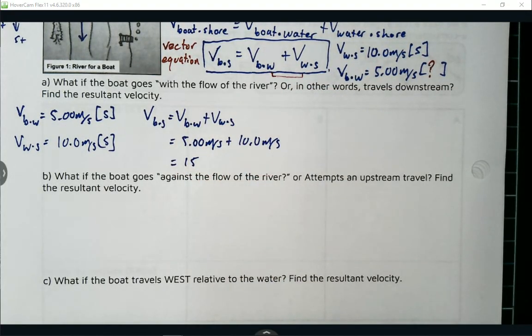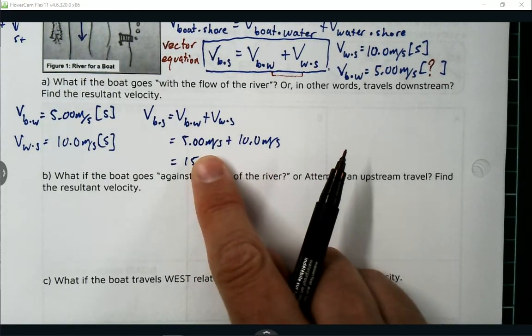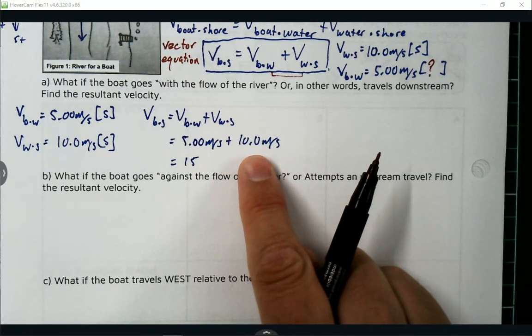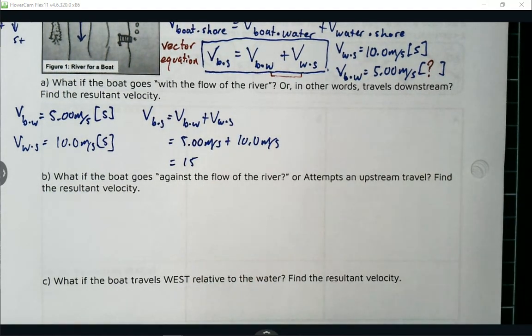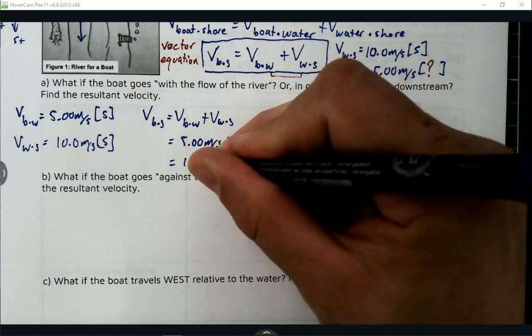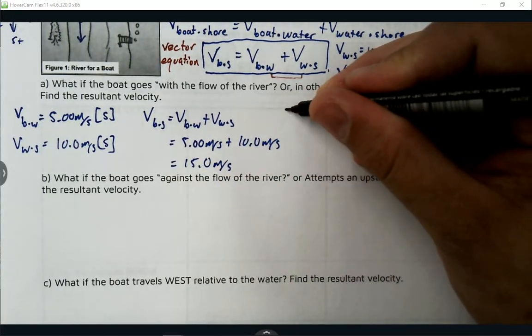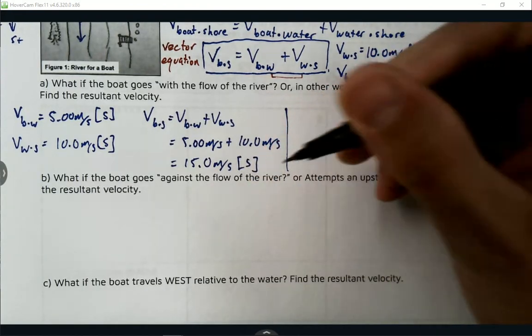Now if I'm being a good decimal place person here, how many decimal places? 10.0 has got 1 decimal place. This guy's got 2. If I'm doing straight up, just straight addition, 1 decimal place. Sorry, 15.0 meters per second. And really and truly, since that's positive, we're going to say south.